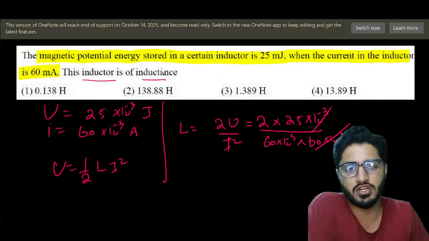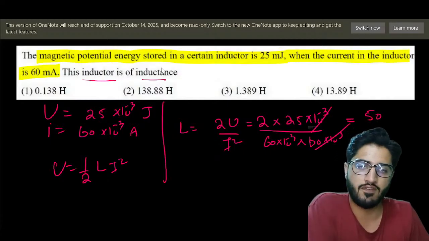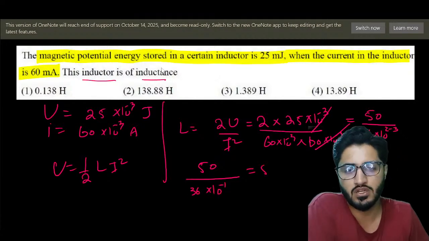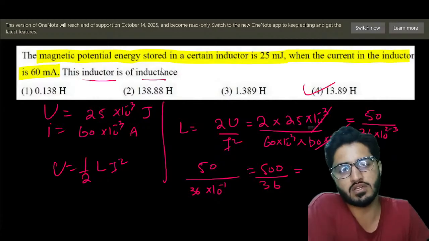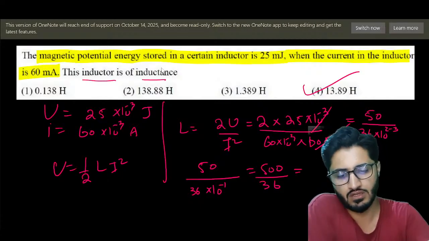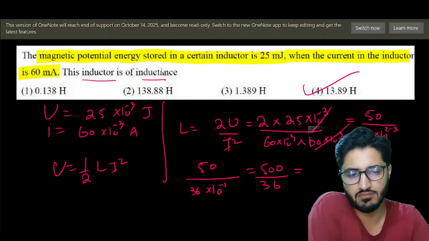So it is 50 divided by 36 times 10 to the power minus 1, so it is 500 divided by 36. So it would be somewhere around 13.89. Done? Easy?